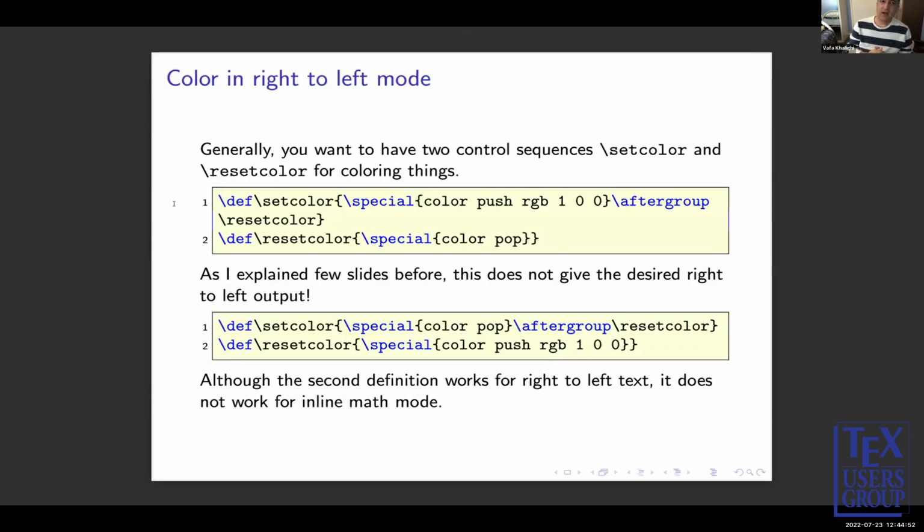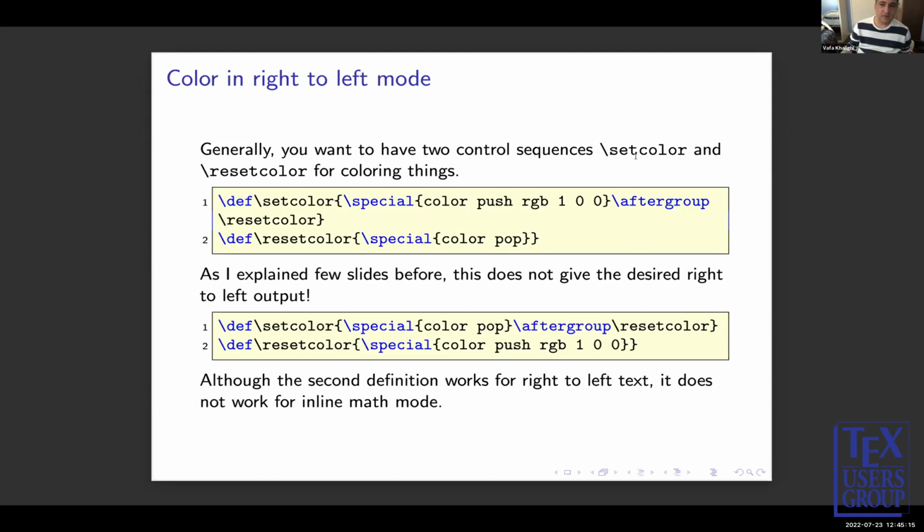So let's talk about color in right-to-left mode. As I showed you previously, the color had an issue there. So we had to swap the order of the specials. Generally, when you want to have color, you define 2 control sequences, and this is what LaTeX actually does at very low level.